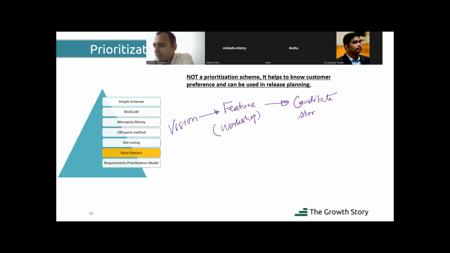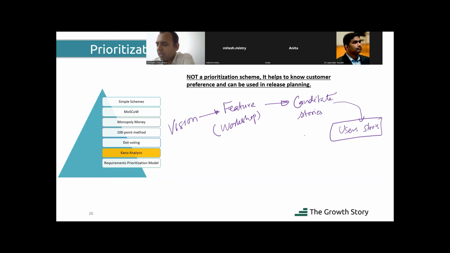Is a candidate story nothing but a user story, or is it a different thing? Candidate story is the raw form of user story. Okay, pre-user story. The user story is not yet formed in a specific format. That is called high-level objectives or requirements. Yes. Then this candidate story is converted to user stories.